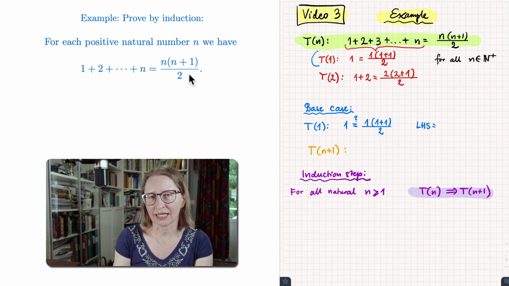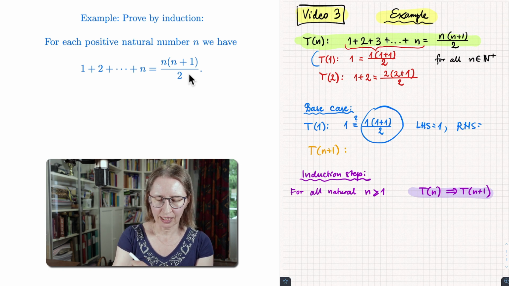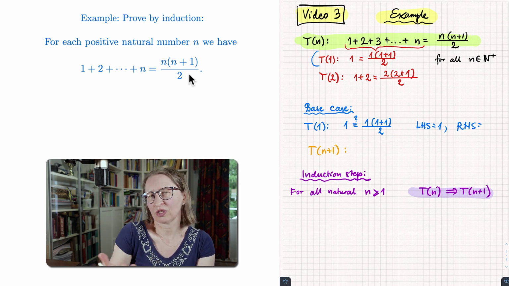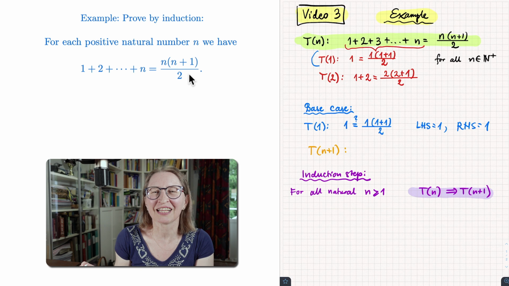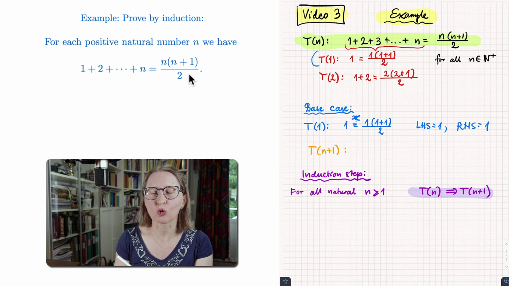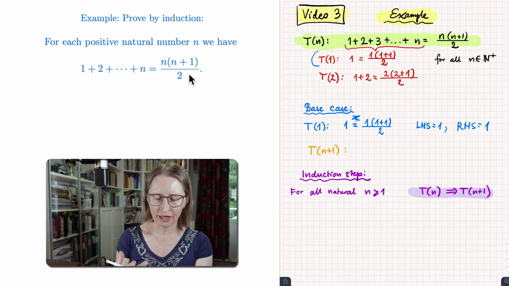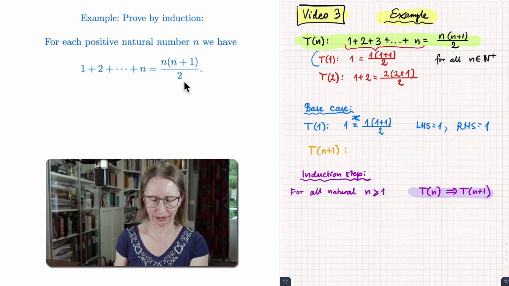It is simply 1, right? And what is the right-hand side of this statement? It is 1 times 2, which is 2, divided by 2 is 1. So they are definitely the same. So here the statement is true. And in this way we have verified the base case. Our statement is true for n equal to 1.